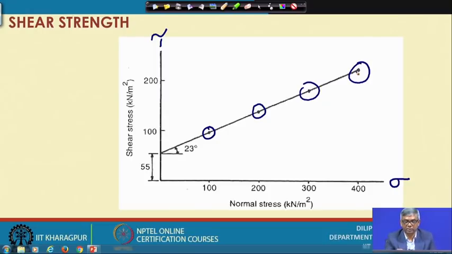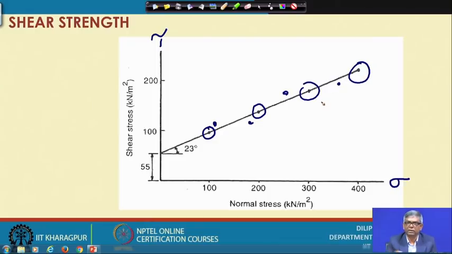Here you can see all points are perfectly on a line, but most of the time while doing a test in the laboratory you will not get this; the points may be somewhere here, somewhere here, but we know that the shear strength envelope is a straight line.